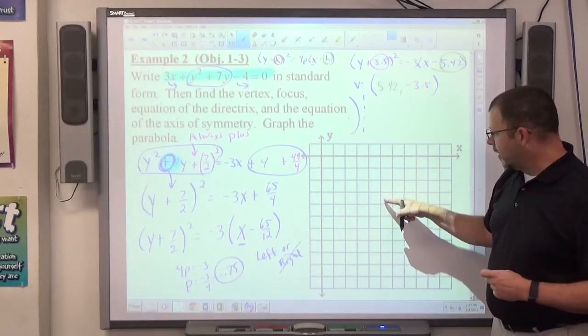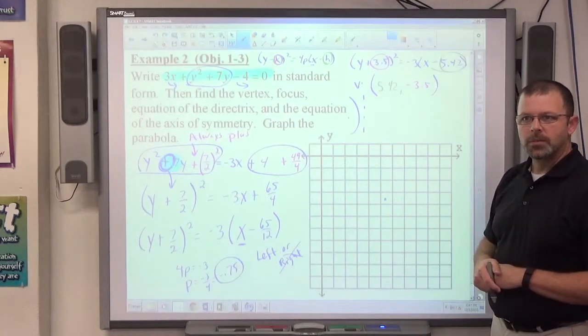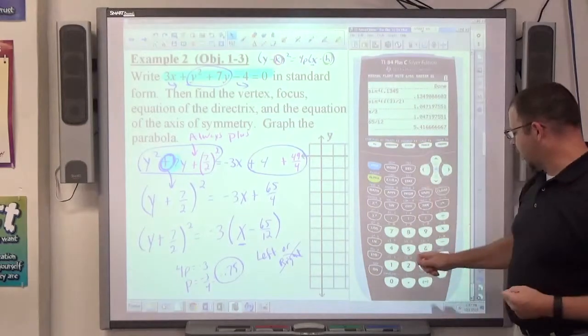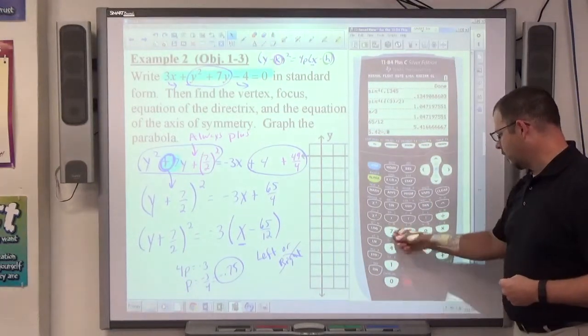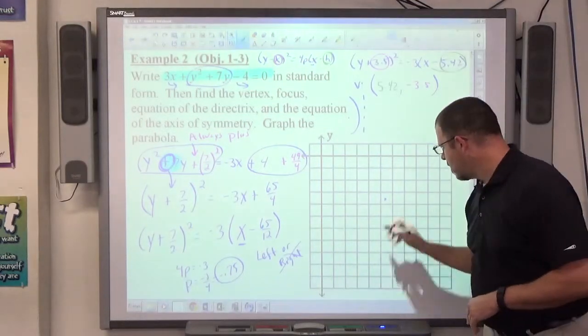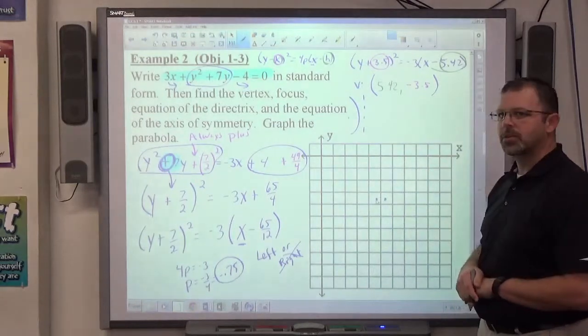So, does anybody know what 5.42, if we subtract 0.75 from it, equals? Almost something, but if we don't know exactly, 5.42 minus 0.75 equals 4.67. 4.67 moving horizontally, it's going to be about here. There's my focus.